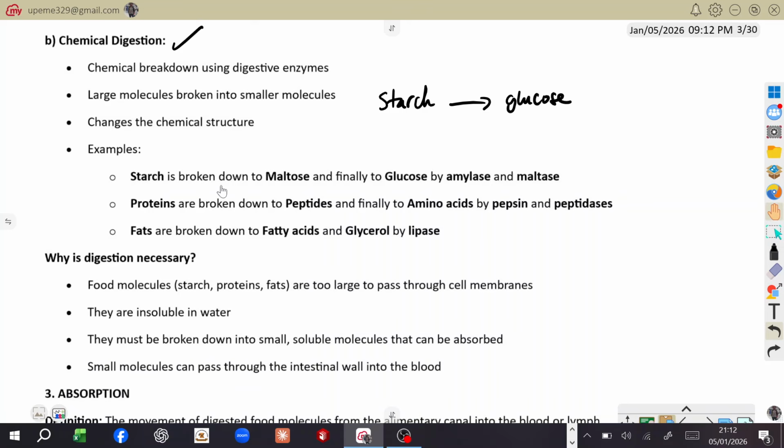Example, starch is broken down to maltose and finally to glucose by amylase and maltase. So these two are enzymes. When we say starch is broken down to maltose and finally to glucose by amylase, meaning amylase acts on starch so that it gets to maltose, and then maltase acts on maltose so that it goes to glucose.